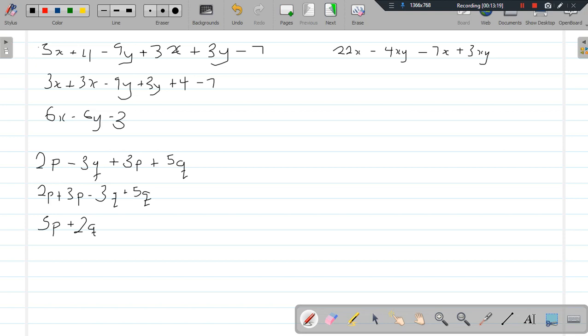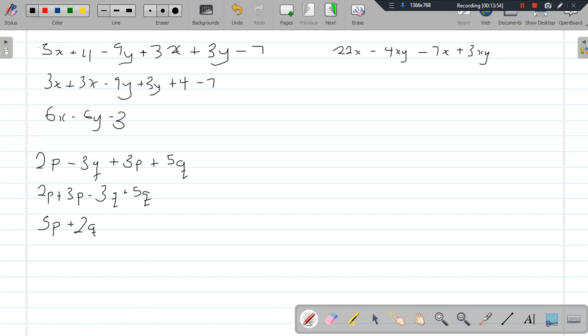So let us look at how this one too is being solved. The same steps run throughout. So we are going to look at the like terms. Now the like terms here are x and another x here. We have xy and xy, so these are the like terms. So we group them. We said grouping them does not change the sign, so please let's always take note of this.